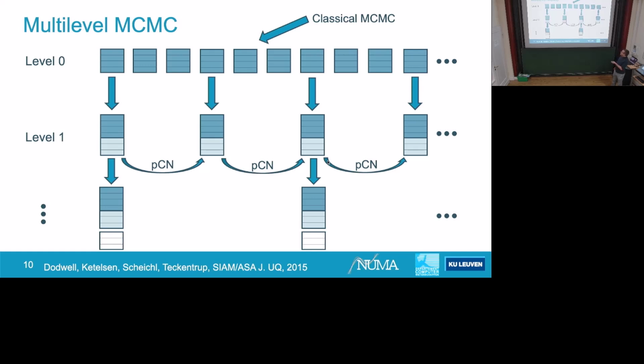You basically first generate a Markov chain at the coarsest level, the classical Markov chain Monte Carlo. And then you go to the next level, which means we refine the mesh. So all the samples that we have, we can refine the mesh and compute them again on the finer mesh. But we want to do this for fewer samples.